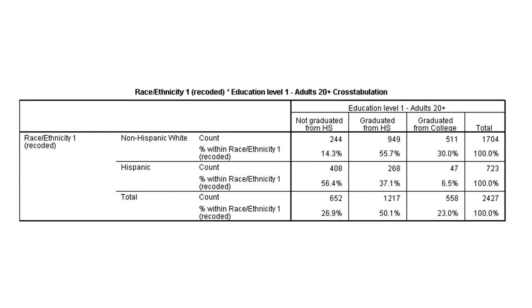In this dataset, 30% of non-Hispanic whites and 6.5% of Hispanics were college graduates, 56.4% of Hispanics and 14.3% of non-Hispanic whites had not graduated from high school. So, in this dataset, the distribution among education categories differed considerably between Hispanics and non-Hispanic whites.